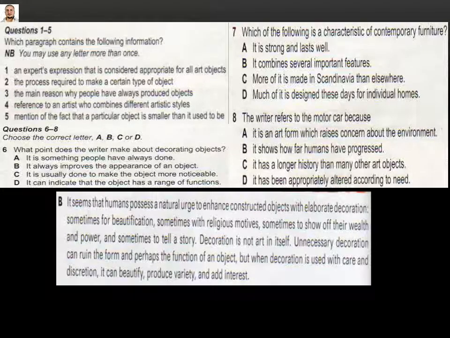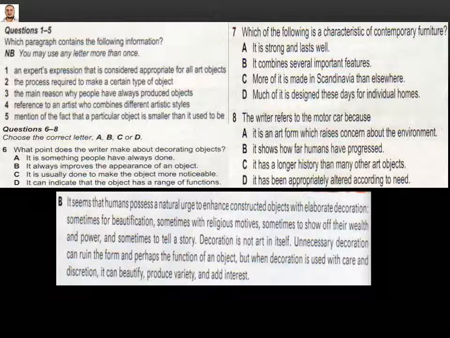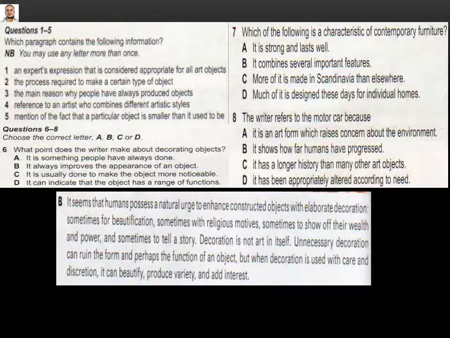Let's come here. Which one is related to this one? Do we have anyone related to this one? It doesn't talk about an expert's expression, doesn't talk about the process required. Number 3 we have already taken. There is no reference to an artist who combines. It doesn't talk about the fact that a particular object is smaller than it used to be.